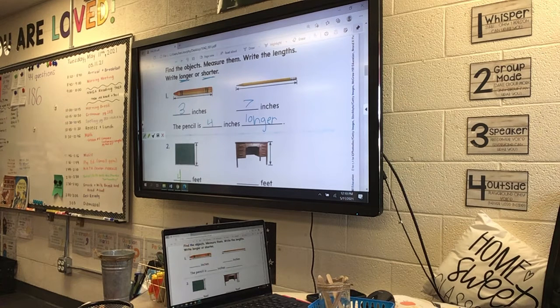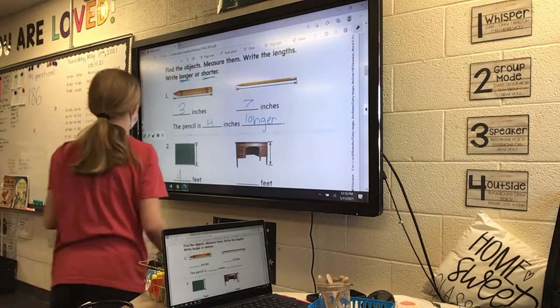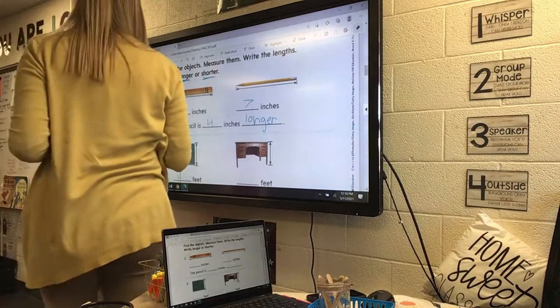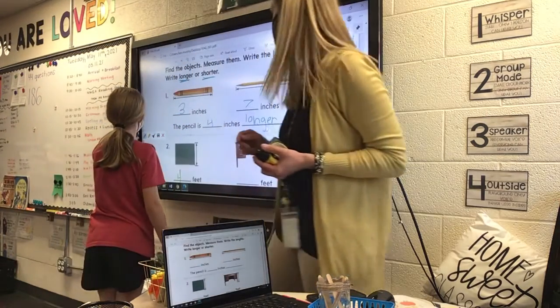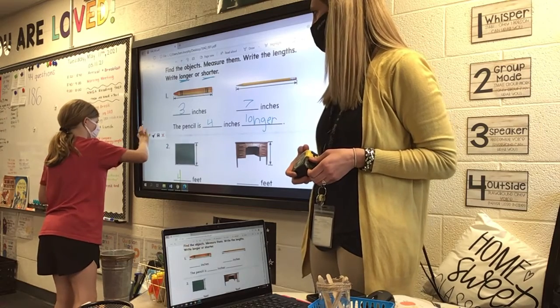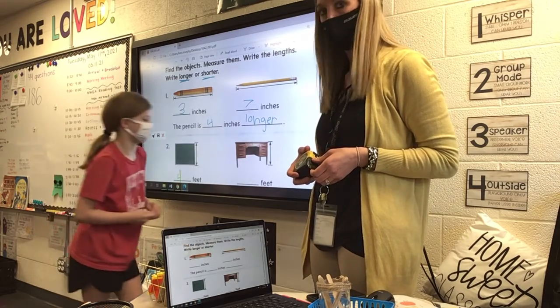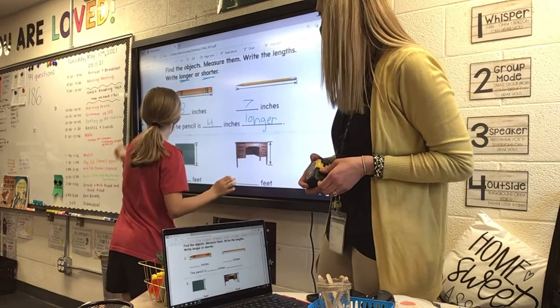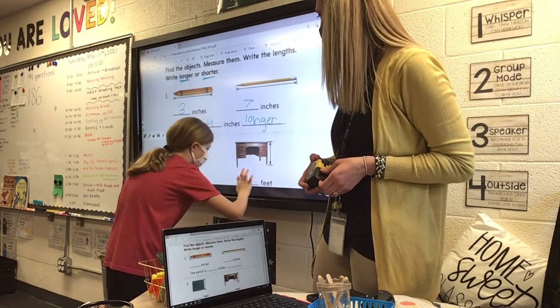Yeah. Okay, so it's between the 2 and the 3, but we're going to go to the closest inch. So it's a 2. So 2 feet. Yeah, we're going to say 2 feet. Yep.